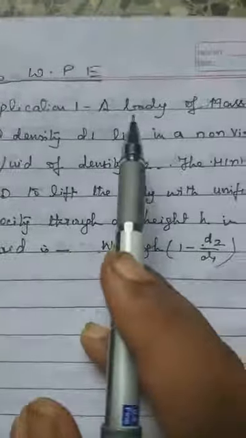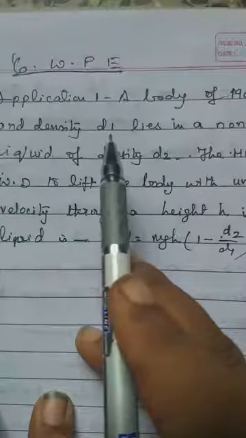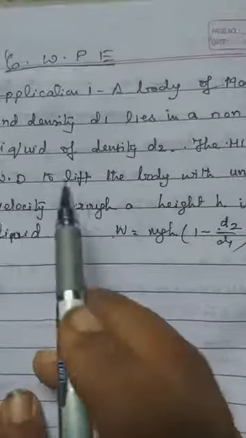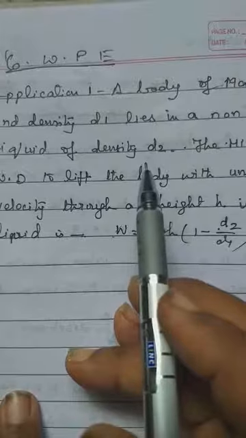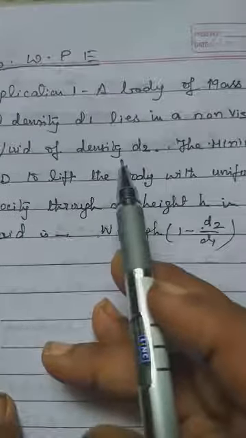Here a body of mass m and density d1 lies in a non-viscous liquid of density d2. Density of the body is d1, density of the liquid is d2.